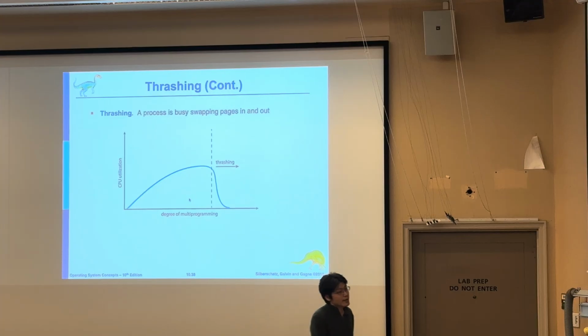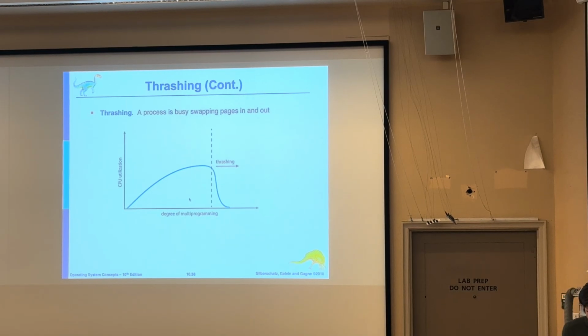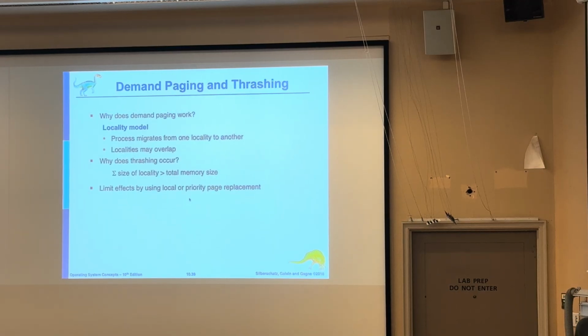Okay. Yeah, so you can do that. That's a very simple solution. So detect that thrashing started and then kill some processes or deprioritize some processes. Okay.